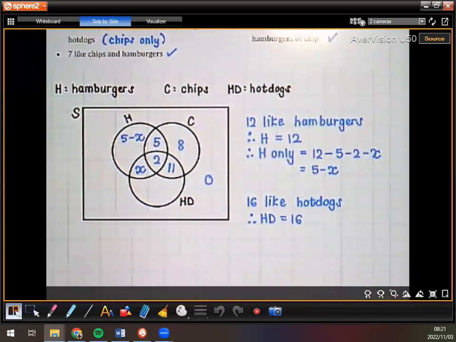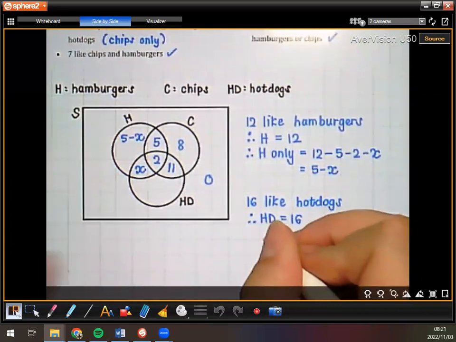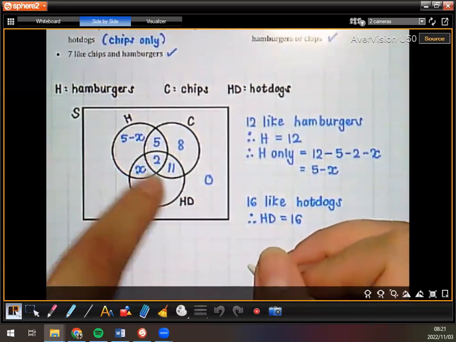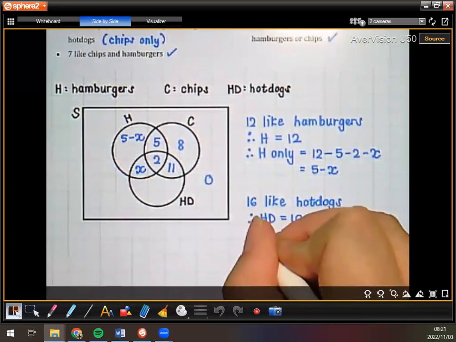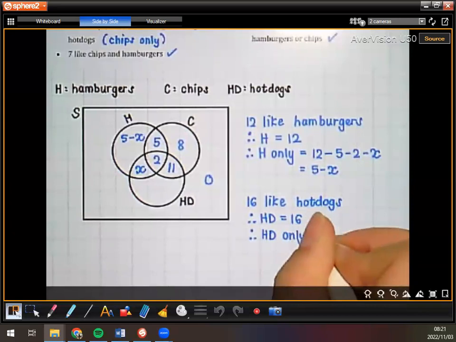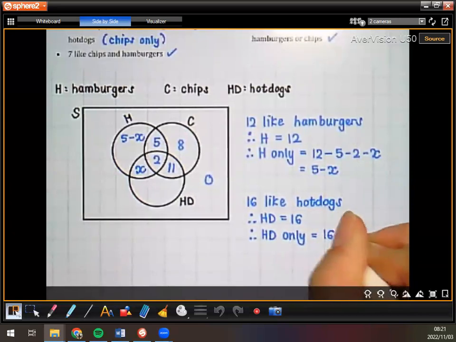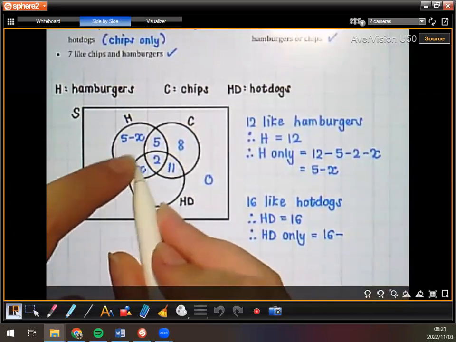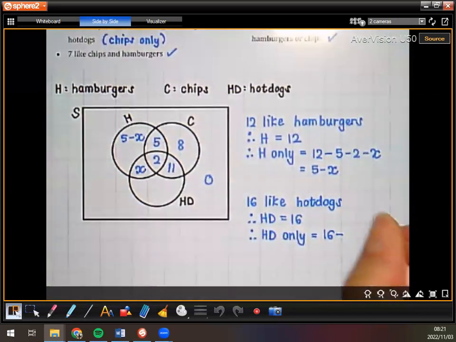All of those 4 sections of that circle must add up to 16. So if we want to get hot dogs only, right, that's what this section is here. We're going to say the total, which is 16, minus X minus 2 minus 11.